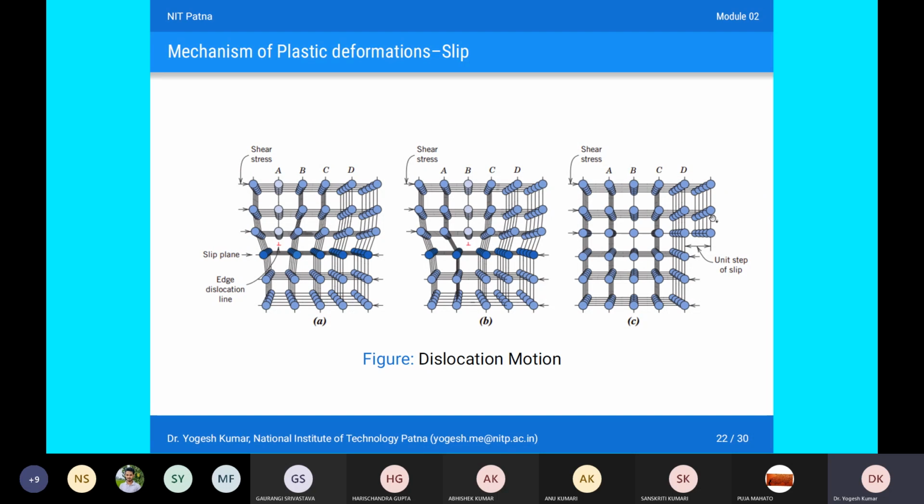This may not get shifted at the same location, it may get shifted at another location also. That is why we can say that due to slip, plastic deformation takes place in metal structure.